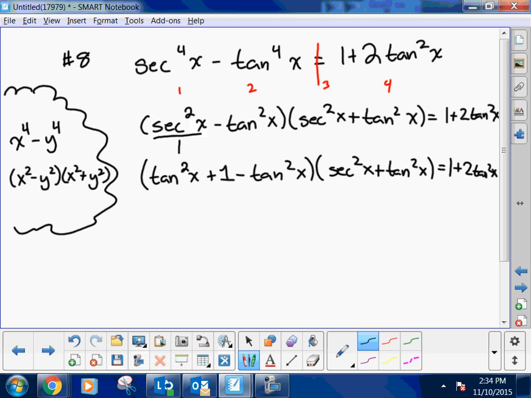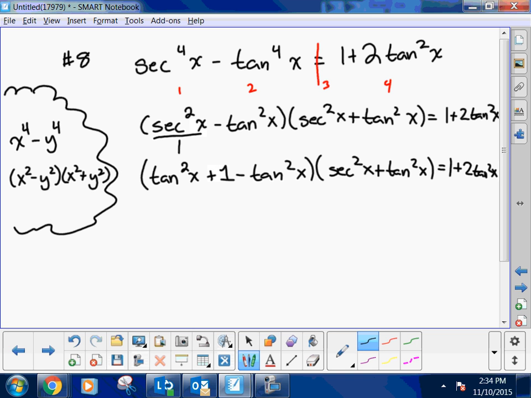Okay. Now, once you write it down, one of the lovely things that's going to start occurring is that you're going to discover things like what you see on the left. Does everybody see how we can now cancel out the tangent squared x?